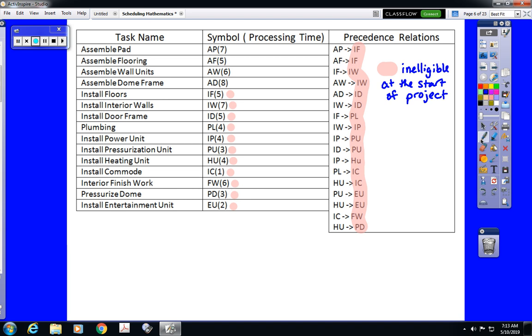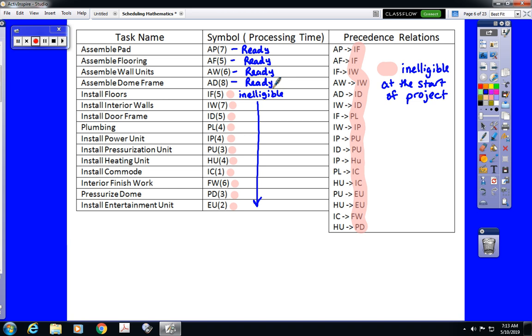So those are the ones that start off in, remember we talked about the 4 stages, ineligible, ready, in execution, and complete. All of these are ineligible. Okay? Which means that these 4 tasks, AP, AF, AW, and AD, those are the tasks that are ready and that we could assign right away to a processor at the beginning of the task.